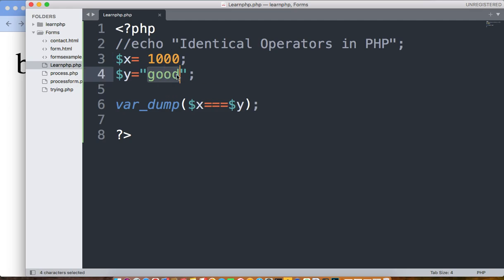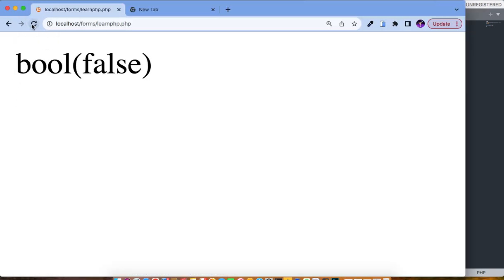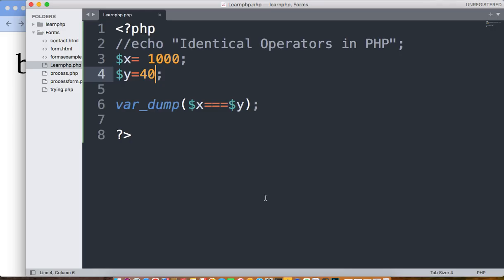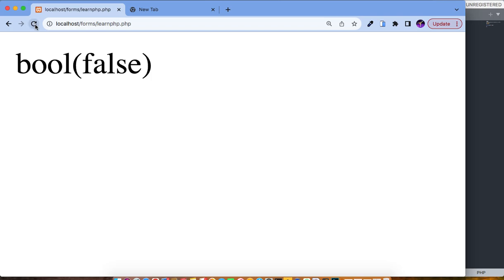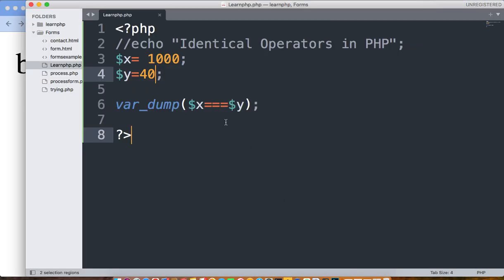So if we remove this and put 40, for example, it should give you true. Let's save it. Okay, let's check what is wrong.